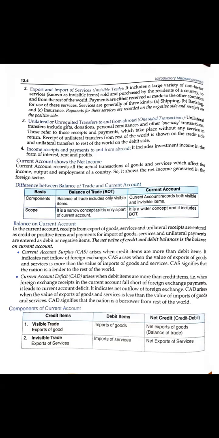So these three will be called invisible goods or else services. What are they? Banking, shipping, and insurance. I think you all know very well about these three things, right? I don't want to explain much about banking, insurance, and shipping.